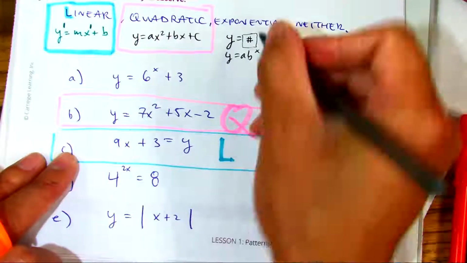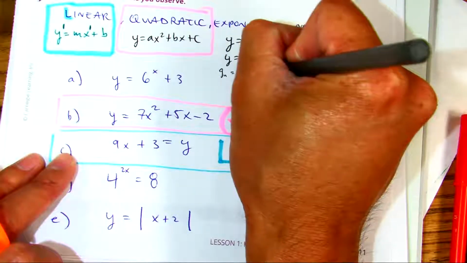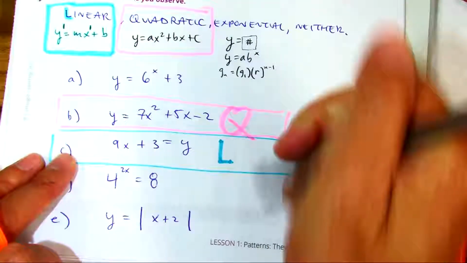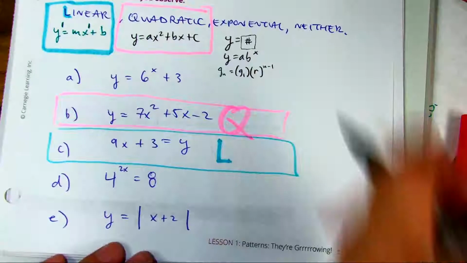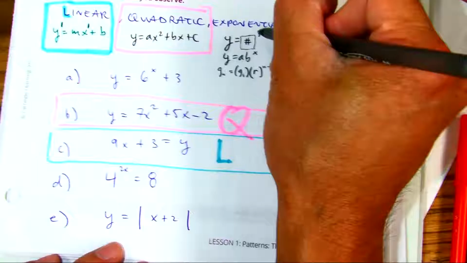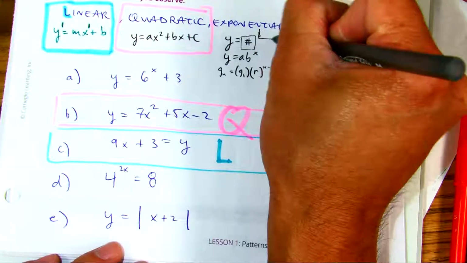Or in class we've been using something like g_n equals g_1 times r to the n minus 1. So the big idea is that you have a number here as your base, and a lot of times you have a letter up here. Letter, that's right, letter.